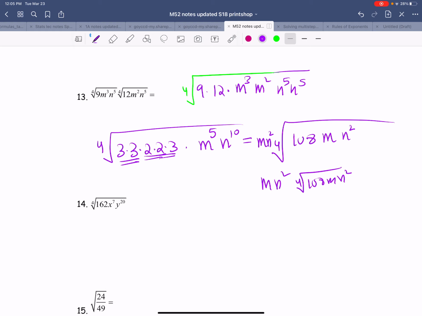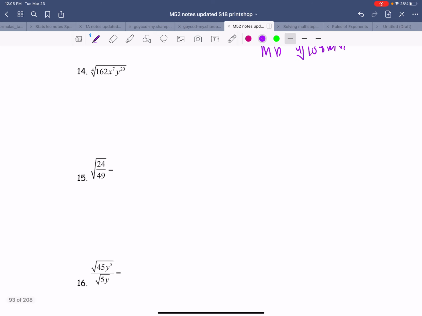The next one, number 14, I'm going to leave it up to you to try. Number 15, we can write it as a single square root, or we can write them as 2 separate square roots in the numerator and denominator. Because the bottom is a perfect square already, I'm going to pull the 7 out. Let's go ahead and break 24.